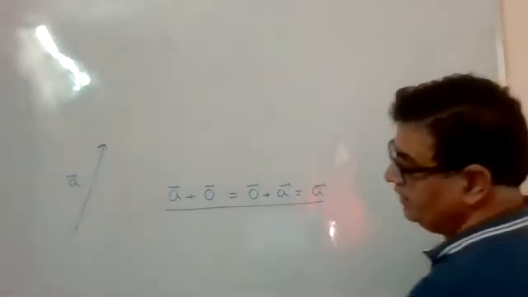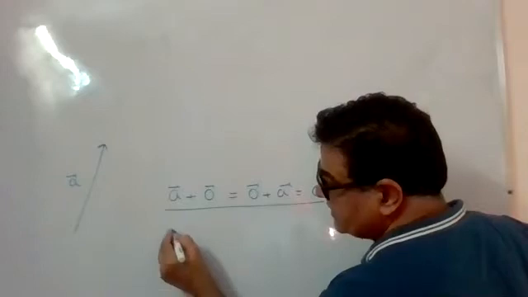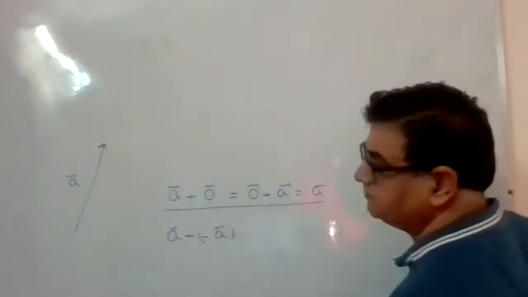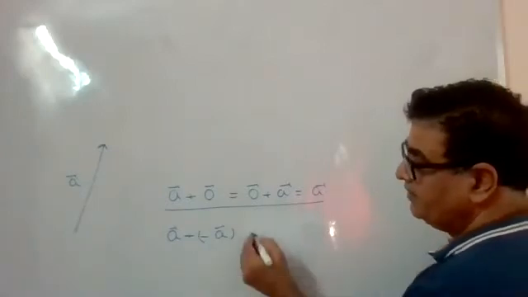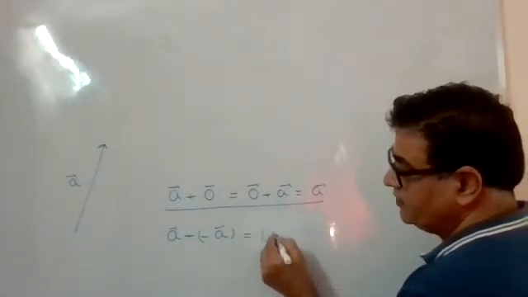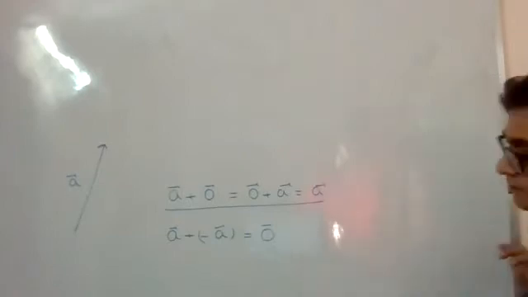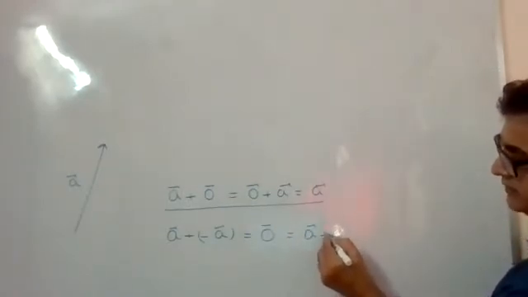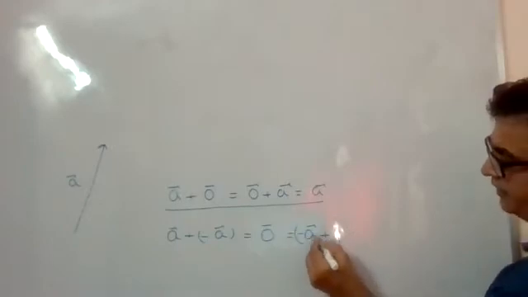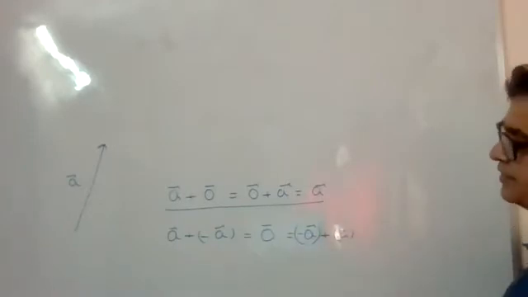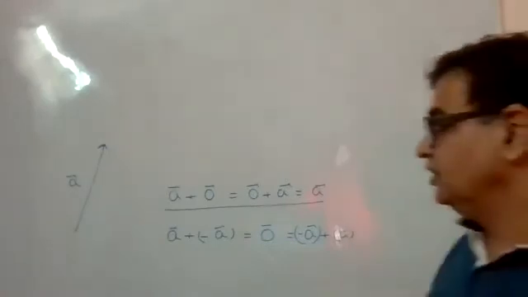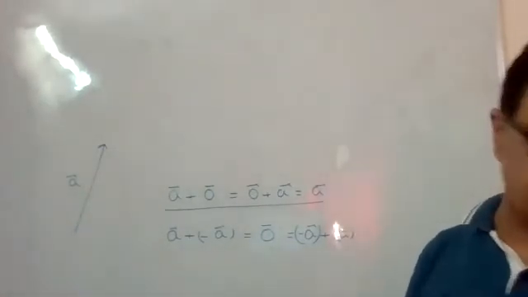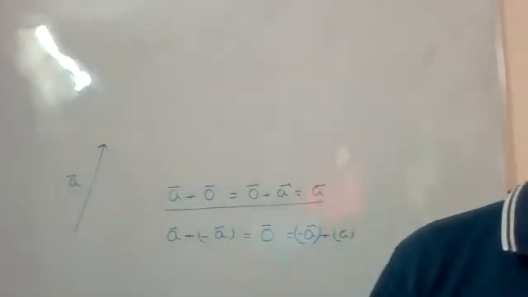And in the same way, the additive inverse also exists: if you take the A vector and add minus of A, then this will come out to be a null vector, the zero vector. This will be A vector plus minus of A vector, and it comes to the zero vector. So when you add minus of A to the A vector, you will get the null vector. That also you should know.